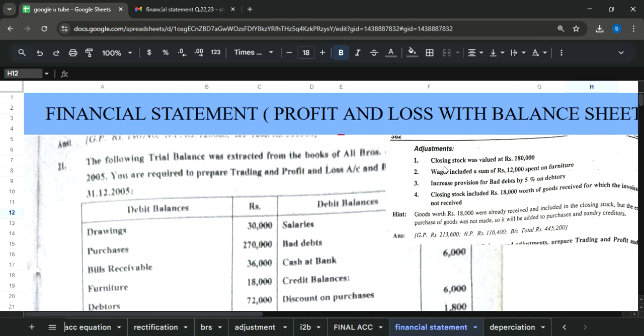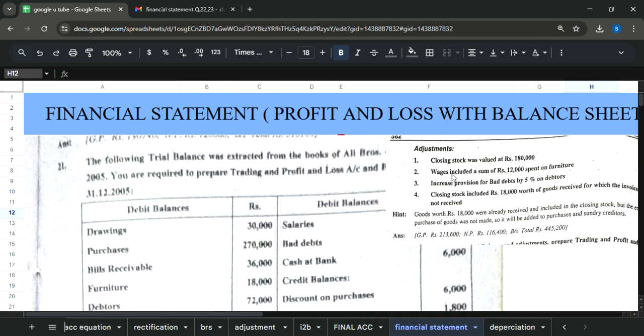Okay, the next adjustment, adjustment number 2: wages include a sum of rupees 12,000 spent on furniture. Those people who have basic knowledge about rectification of error know what kind of error it is. Anyhow, if you do not know rectification of error, we can directly understand it.